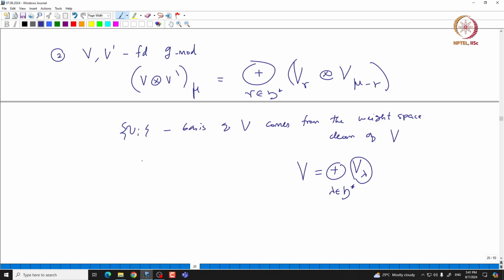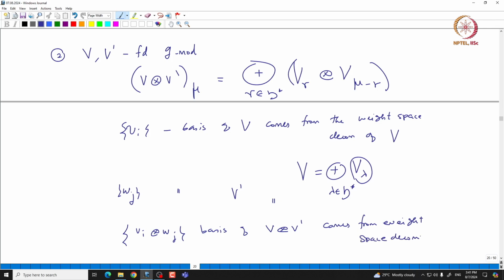If you take v_i to be the basis of V coming from this weight space decomposition, and w_j being the basis of V dash again coming from the weight space decomposition of V dash, then it is not hard to see that the v_i tensor w_j form a basis of V tensor V dash, which again comes from the weight space decomposition of V tensor V dash.